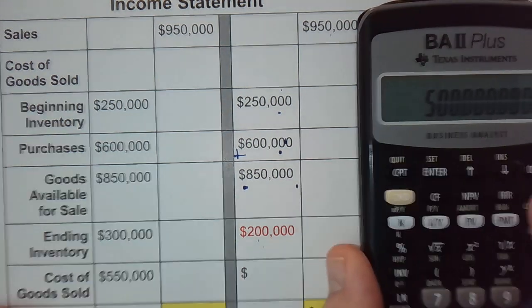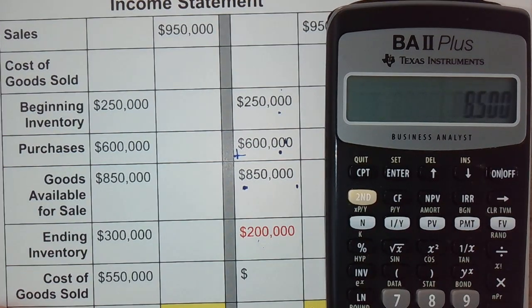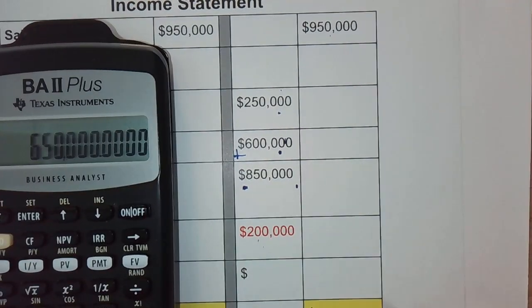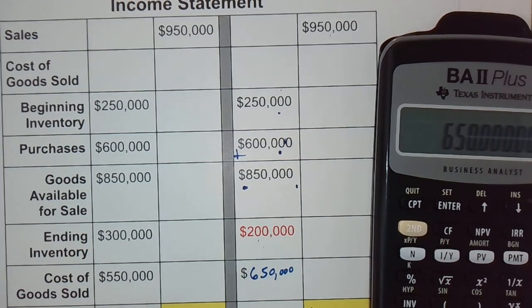I'm going to subtract from the 850,000 our unknowingly incorrect ending inventory. And that gives us a cost of goods sold of 650,000. Again, we're going to compare that to our correct cost of goods sold, the 550,000.